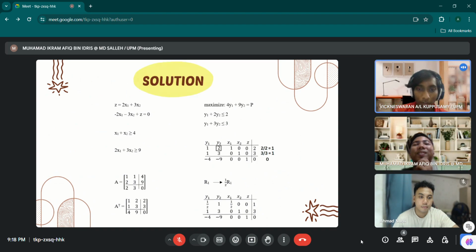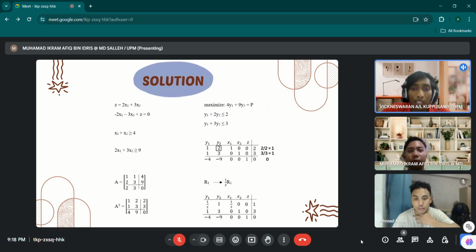Thank you, Ikram. As Ikram said, at the top right of the slide we can see the new equation derived from the transposed z matrix, which is the maximize equation, and also both of the constraint equations. Using that, we will convert these equations into the matrix below, which consists of y1, y2, x1, x2, and z.